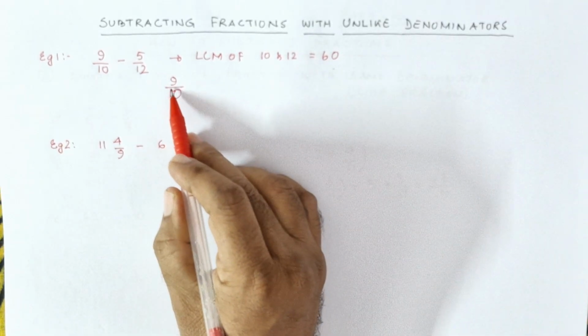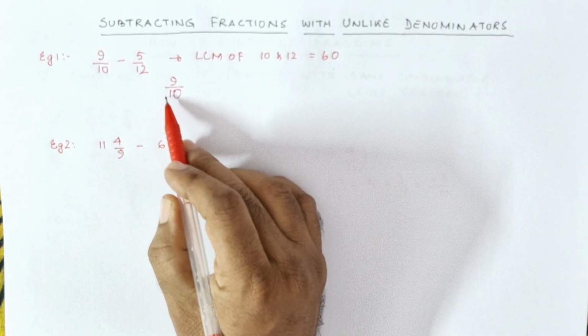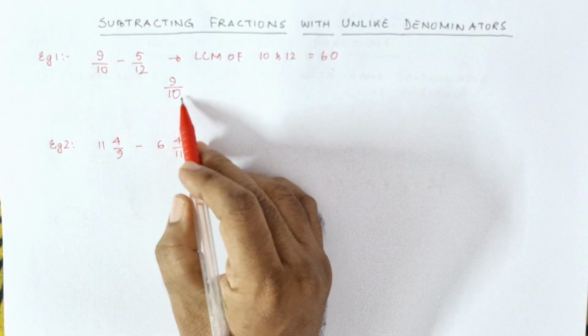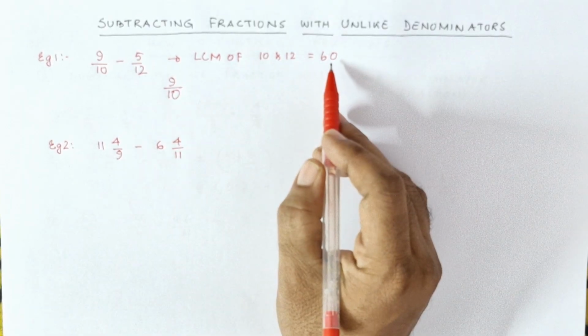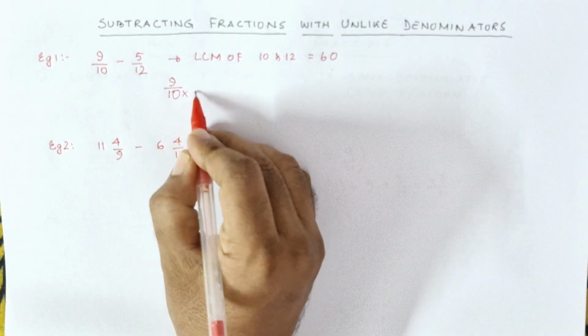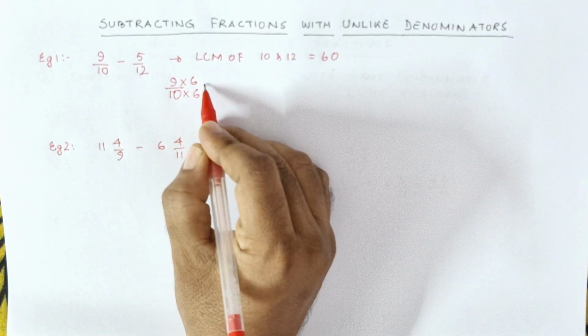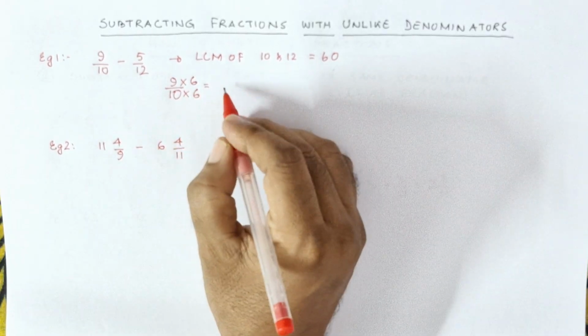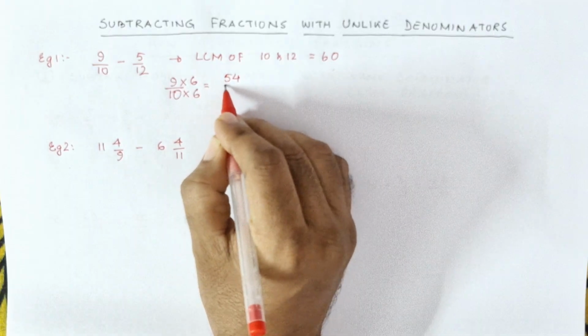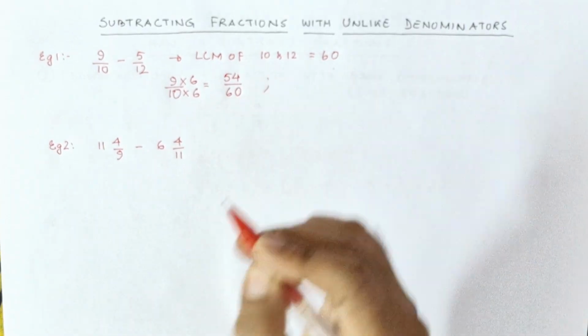How? You have to multiply 10 by such a number that it becomes the LCM. So 10 into 6, hence the numerator also should be multiplied by 6, so it becomes 54 by 60. Got it?